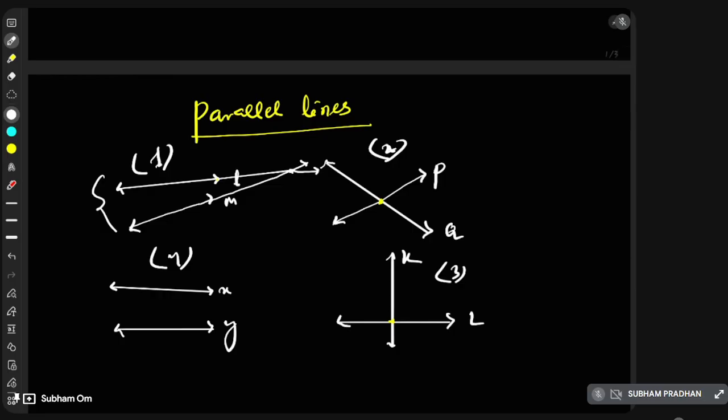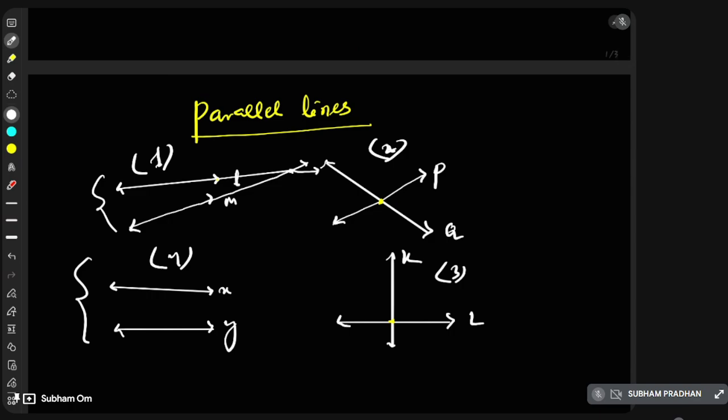But in the case of line X and line Y, if we extend these two lines, they will never meet at a particular point after a certain distance. They will never meet, which means there is no point of intersection. So these kinds of lines are called parallel lines.